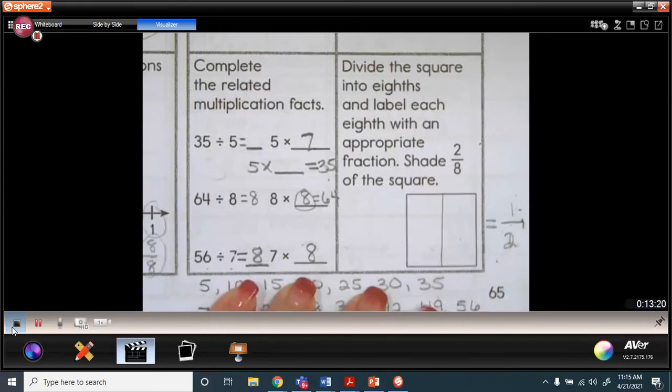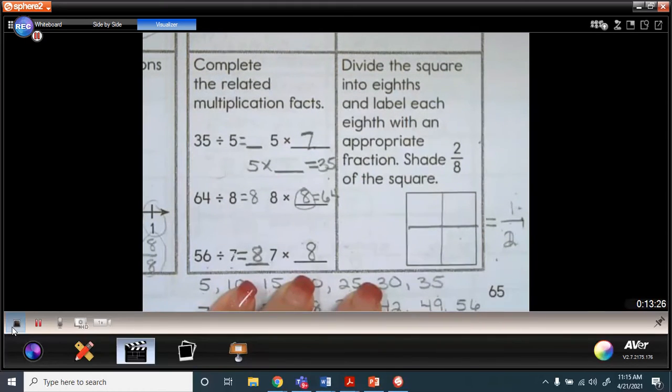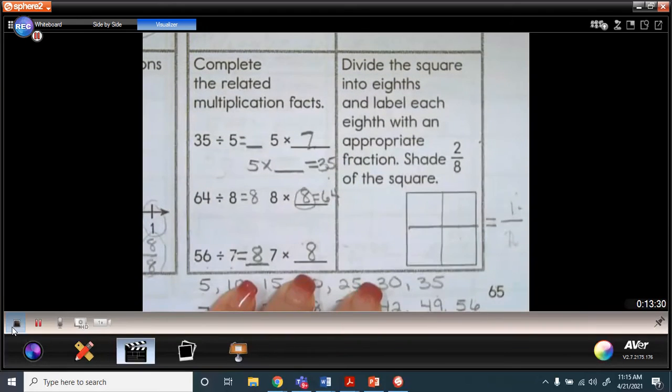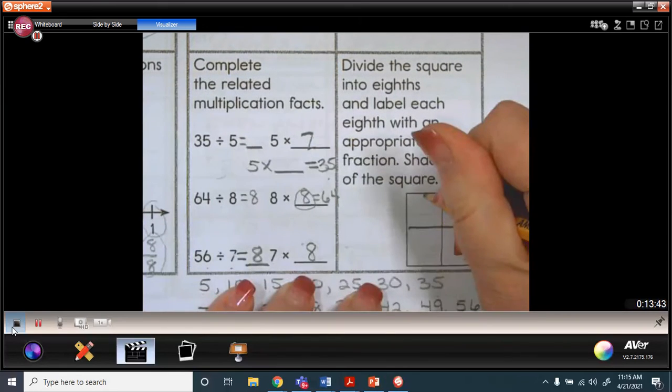Then, if I go ahead and partition my halves into 2 more pieces, I'm doubling those pieces, and now what happens to my denominator? It becomes fourths. Now, once again, to get 8s, I'm going to double my fourths, which means I'm going to cut them into 2 parts.